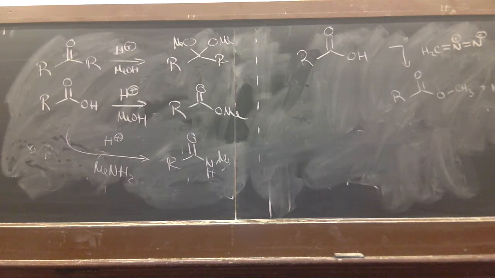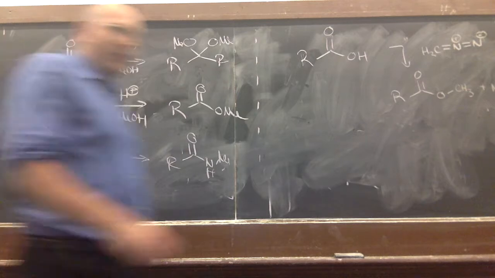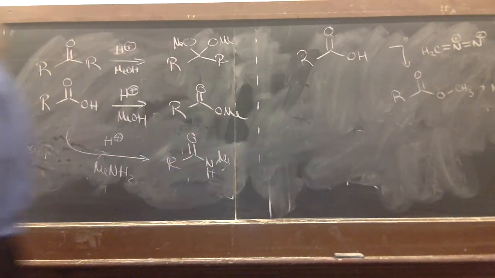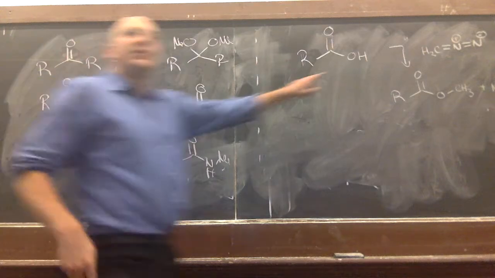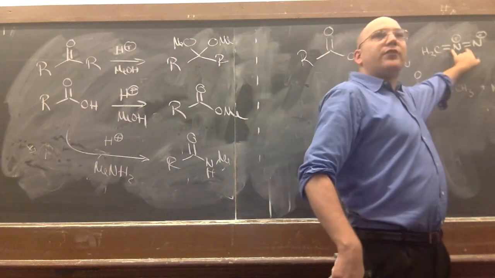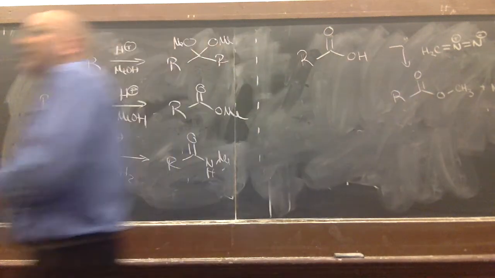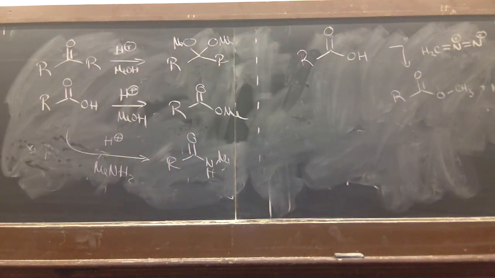Okay, so what I'm going to do is I want you guys to spend like 3 or 4 minutes, and it's actually a fairly quick mechanism. But my hint to you guys is, think about the resonance form of diazomethane. What is that diazomethane's resonance form, and might that help you?